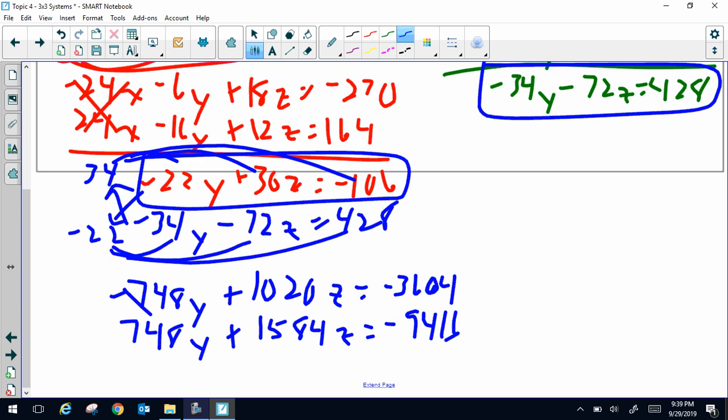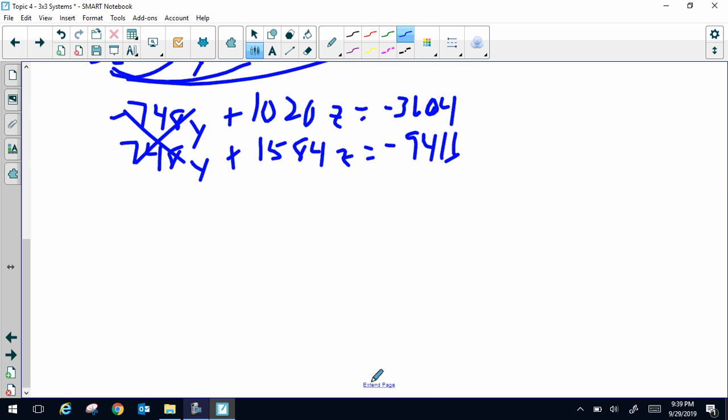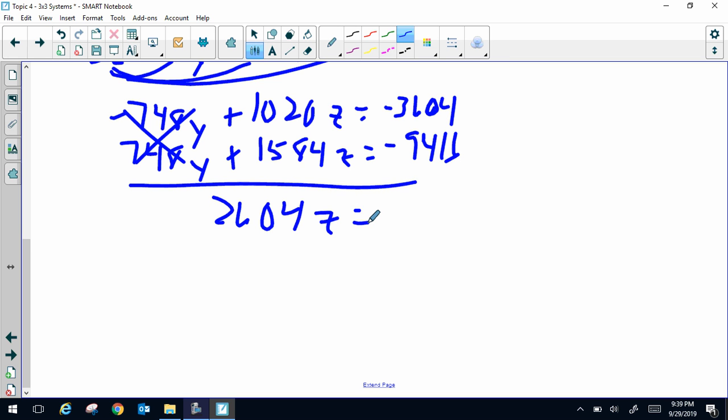So when I add these, I get 2604z equals negative 13,020.